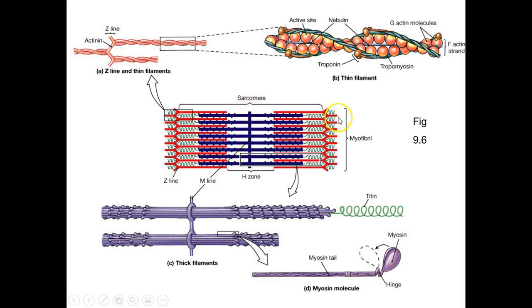And then where your I bands are, these are going to get skinnier because it's pulled in, right? So this was their clue that something was sliding, because when they looked under the microscope at a fiber in a contracted state versus a non-contracted state, they saw some differences, okay?